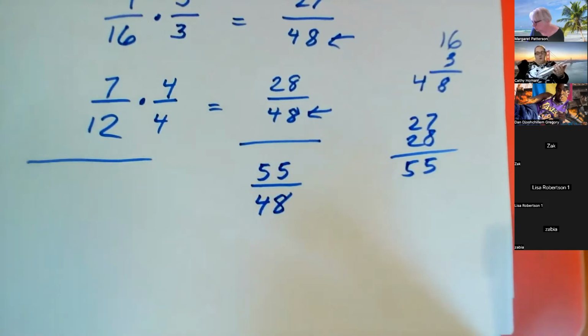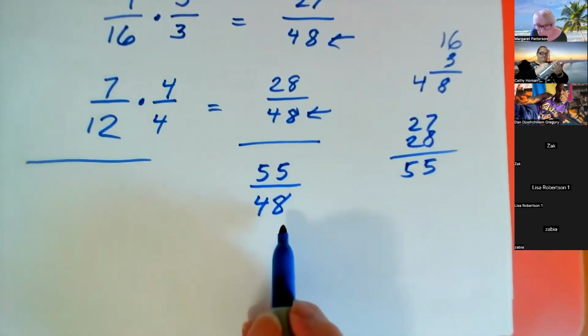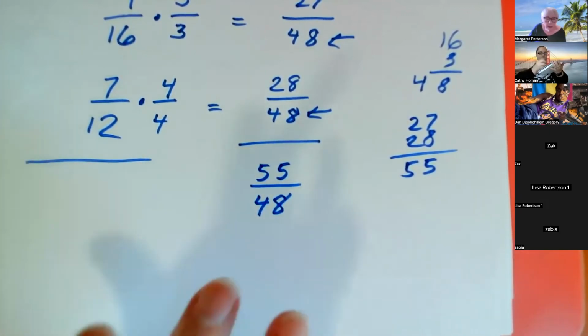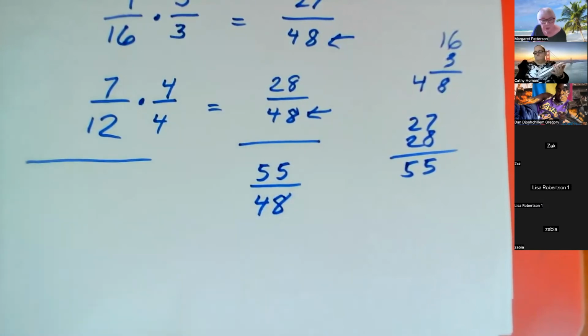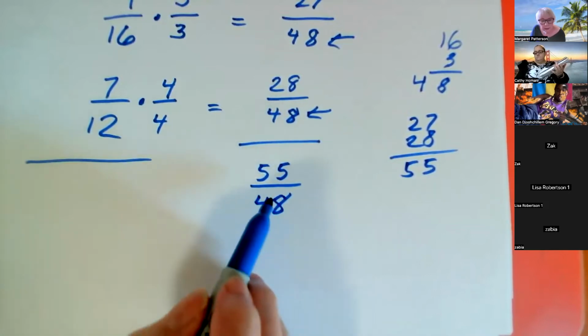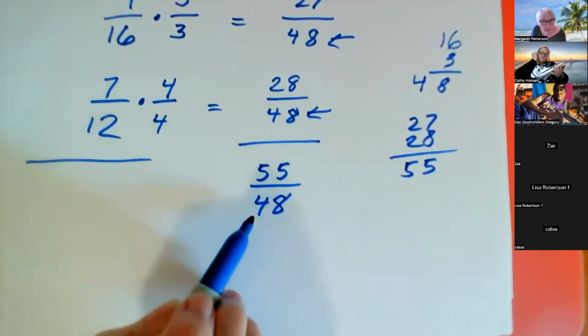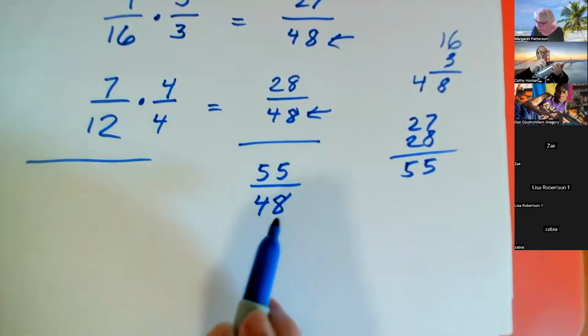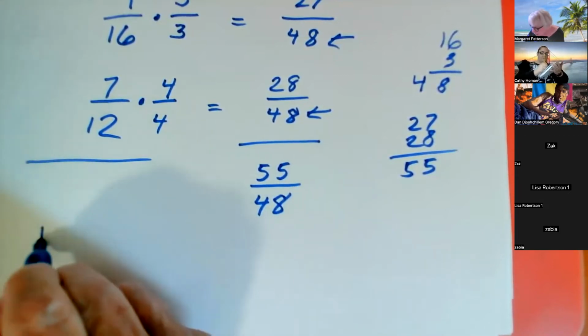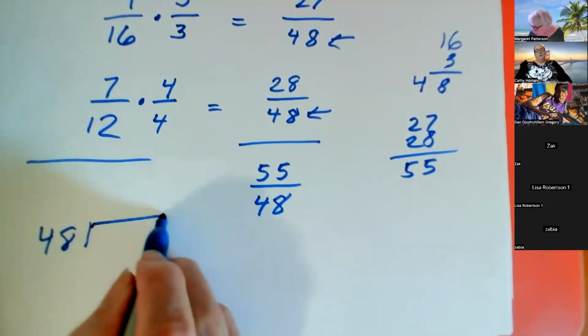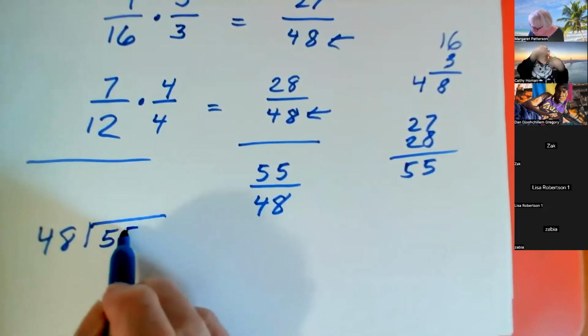Now, if they say they want a mixed number, then you give it to them. If they don't, then remember, there are times when you could actually turn that answer in. But if you somehow had to give them a mixed number, 48 into 55 goes once.